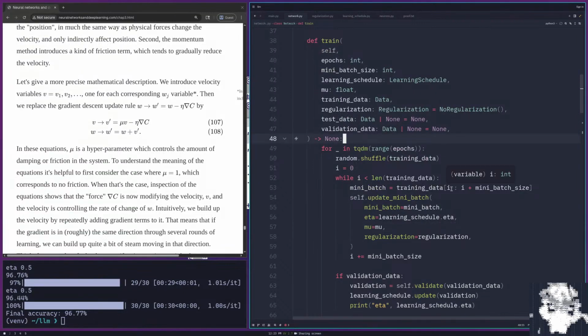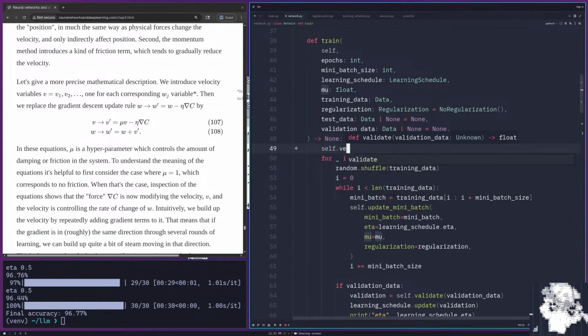So why don't we start by setting self dot velocities, because you've got one for each. I guess you've got W velocities and you've got B velocities.